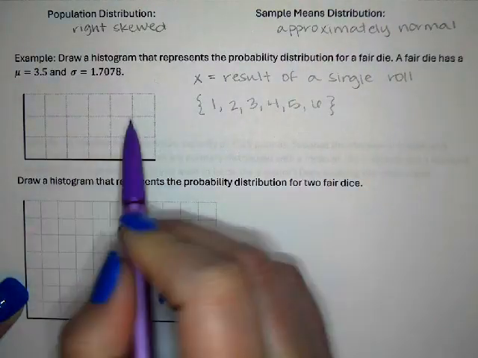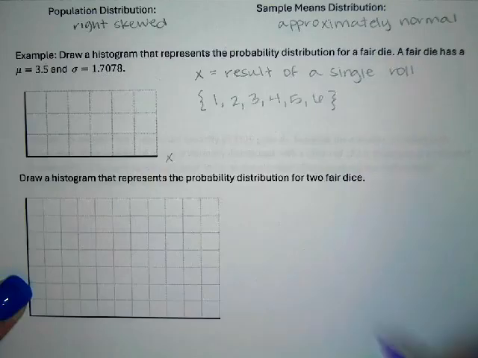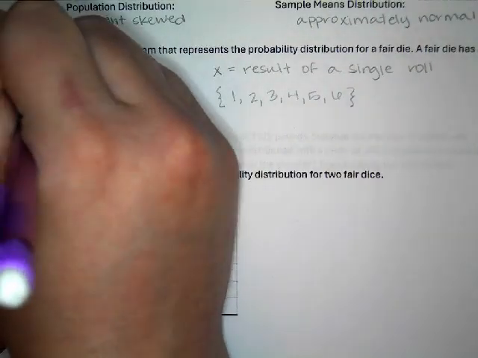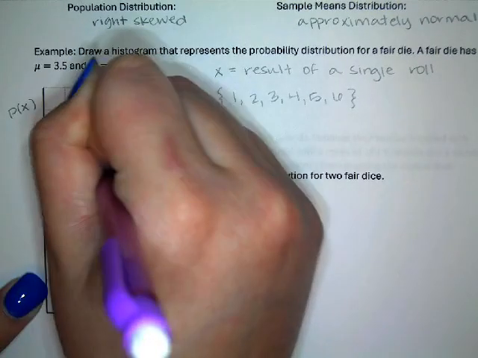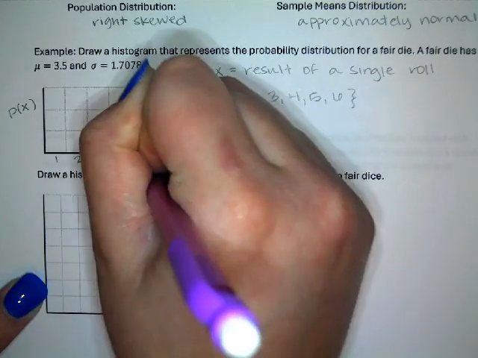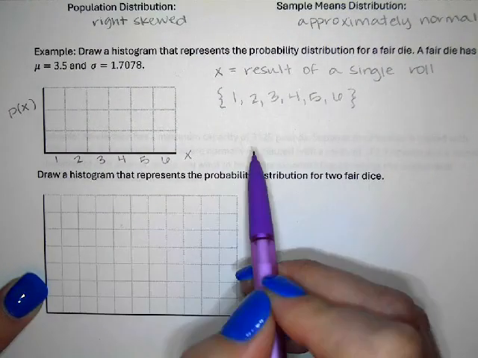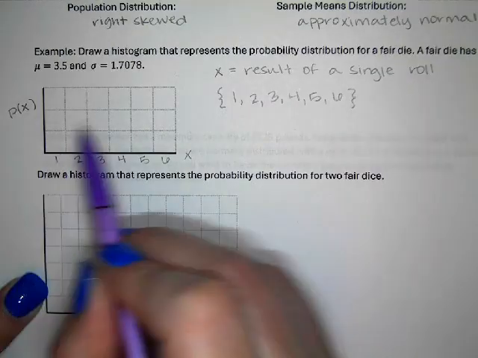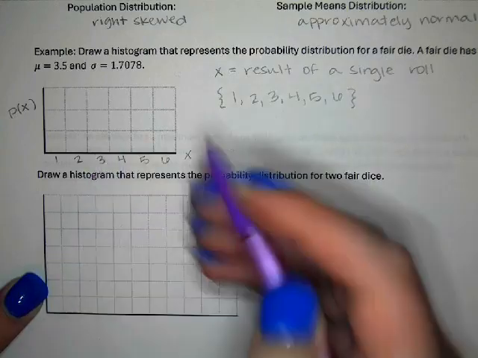So if we draw a histogram that represents that, and we put x along the x-axis and the probability of x along the y-axis, then we know 1, 2, 3, 4, 5, and 6. We know that this is going to be a uniform distribution, and that the probability that we roll a 1 is the same as the probability that we roll a 2 is the same as the probability that we roll a 3.